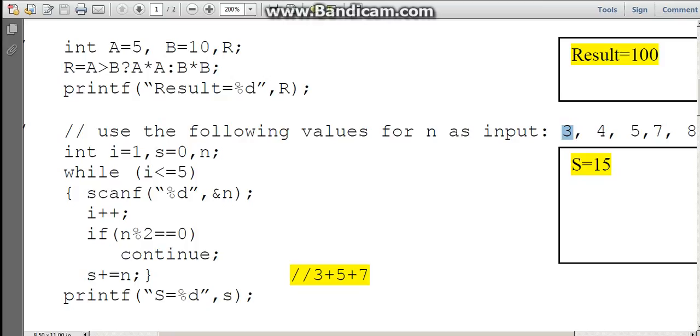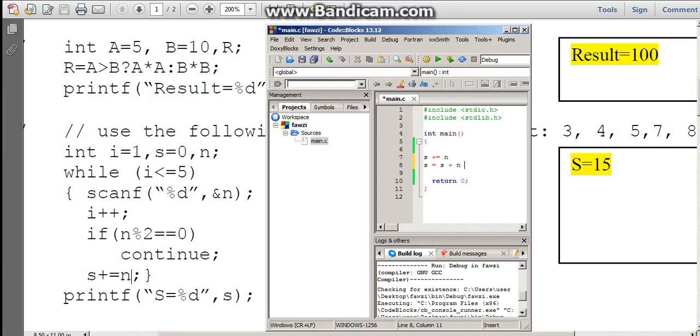Gonna be 1, so we just put it here, which is 3. Alright, here 3. Alright, plus s here is 0. Alright, so it's gonna be 3.